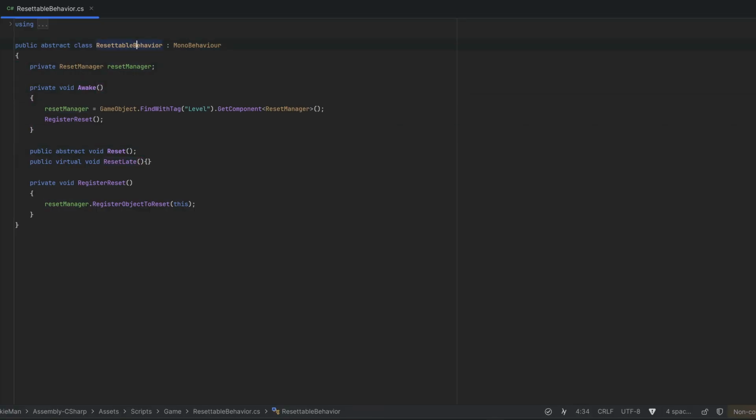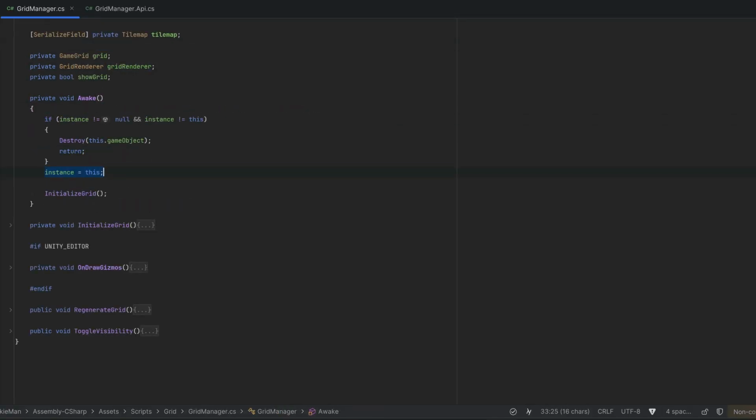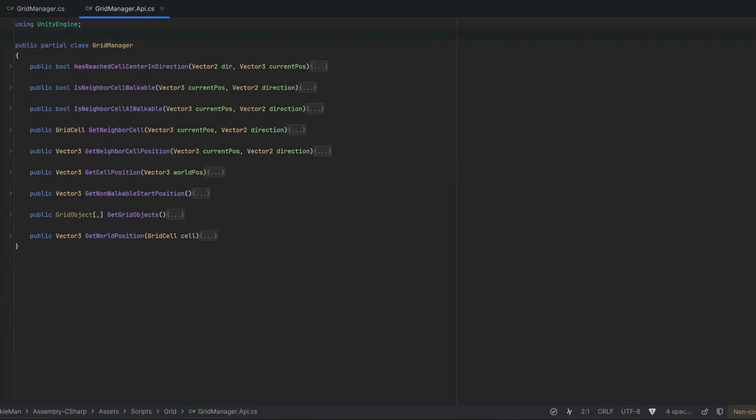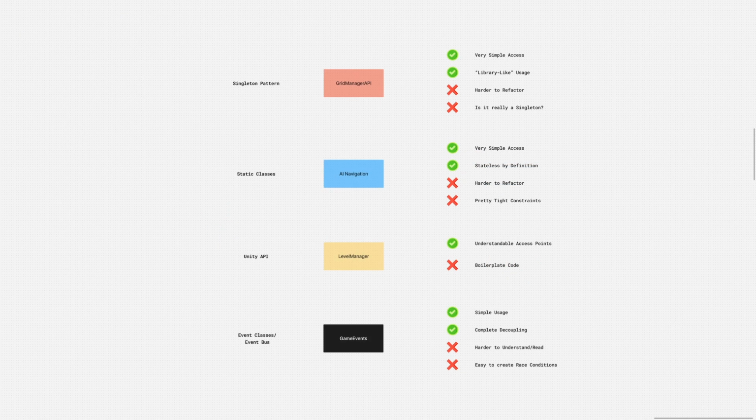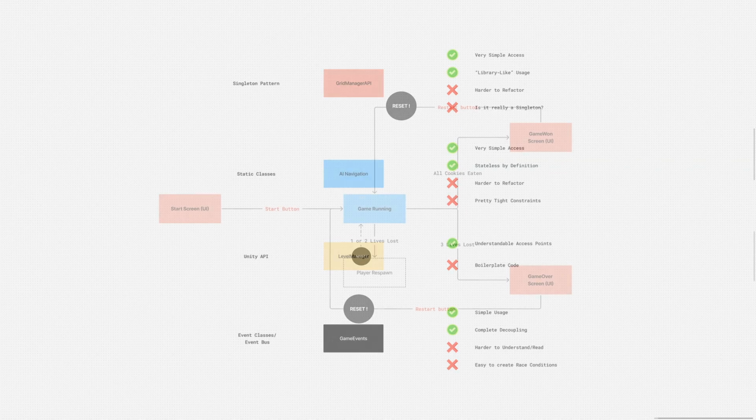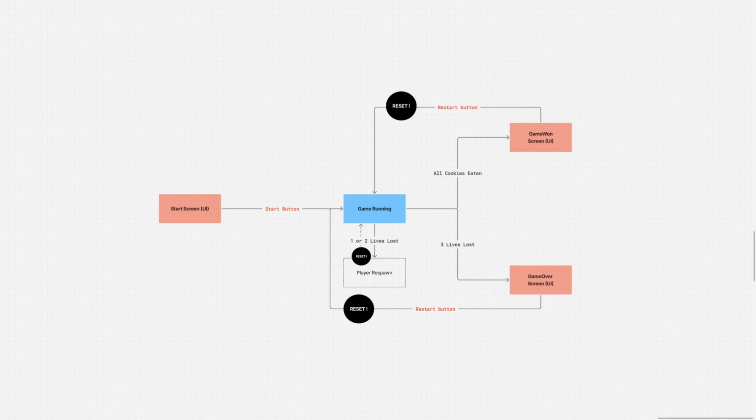And for the haters, there will even be one singleton. All of this will be discussed pretty thoroughly with lots and lots of graphics, such that no matter how much or how little you know about Unity, you should be able to follow along.